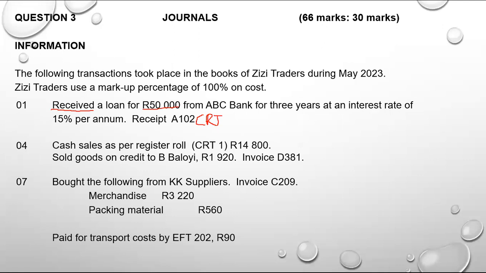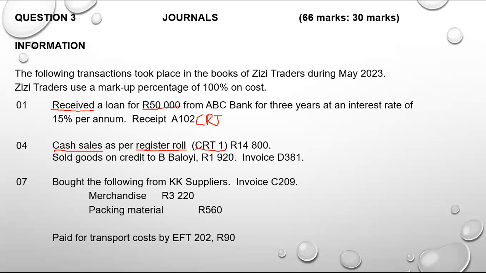It says on the fourth, cash sales. Cash sales means we sold goods for cash. Even worse, guys, they told you it's a cash register roll. Now, a register roll, and they also tell you it's CRT01. Guys, so many clues.